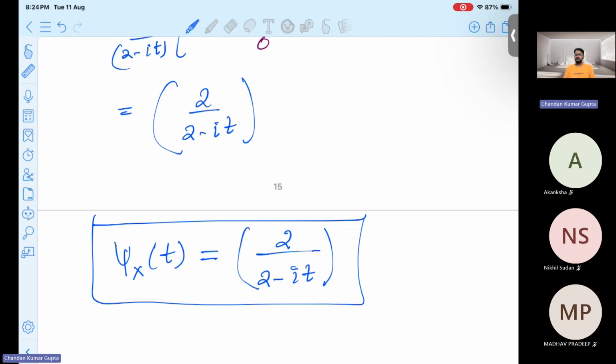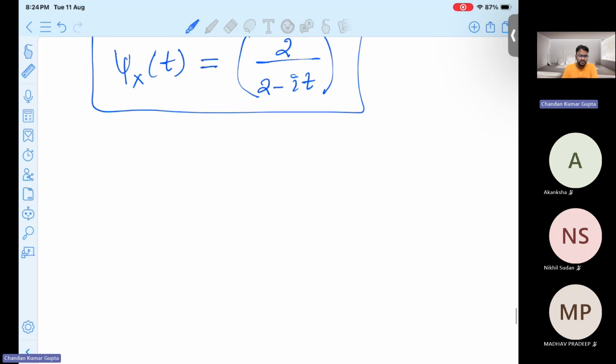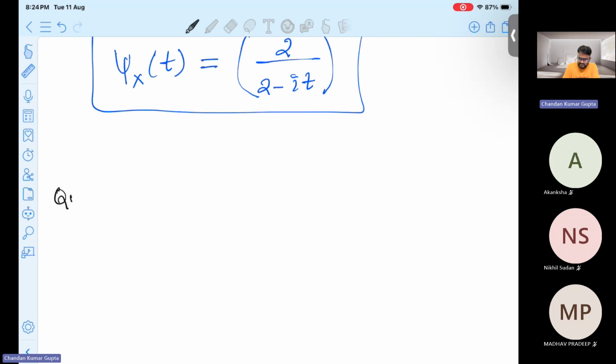In case of lambda, just replace 2 by lambda. Okay. Up to this point, any doubt? Okay, so let's go to the next question. I think someone has a question: 2 divided by 2 minus i. Yes, Nikhil, you are right.